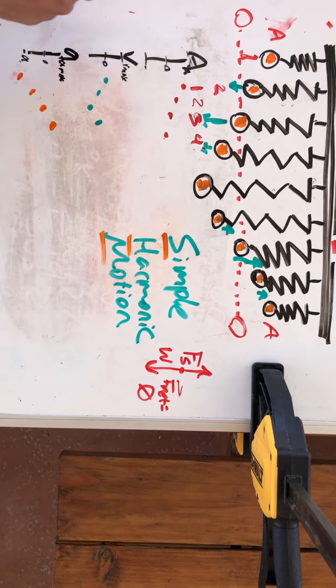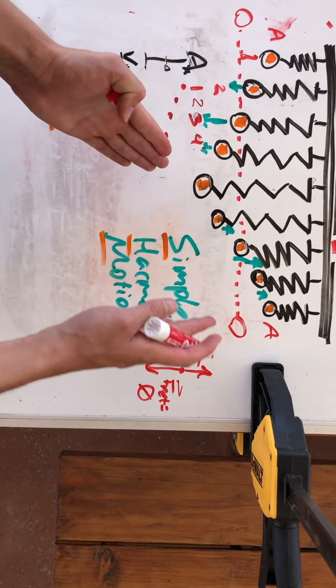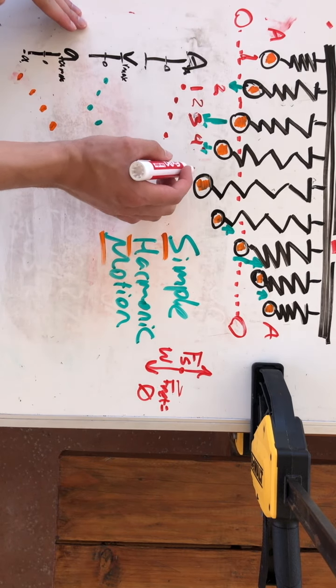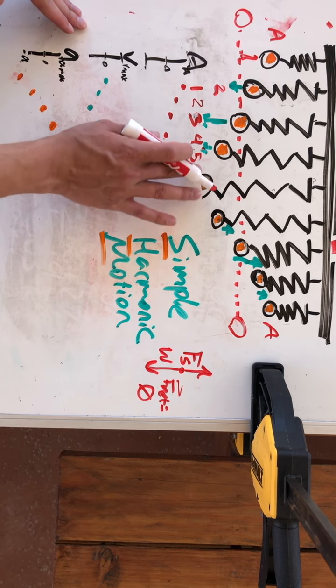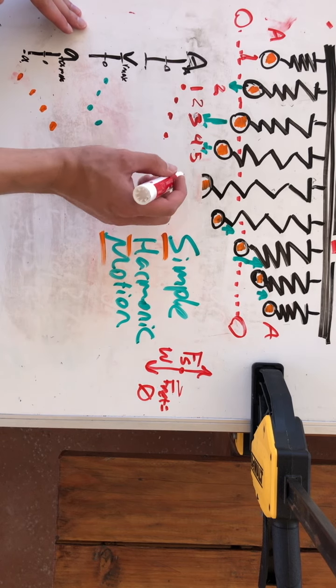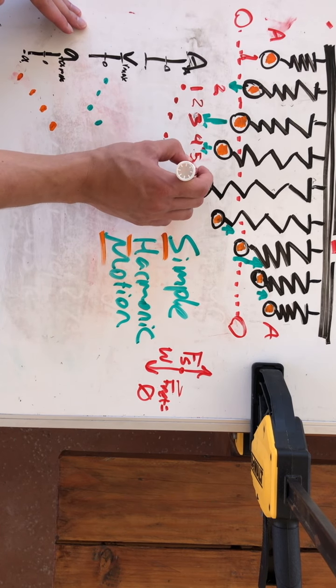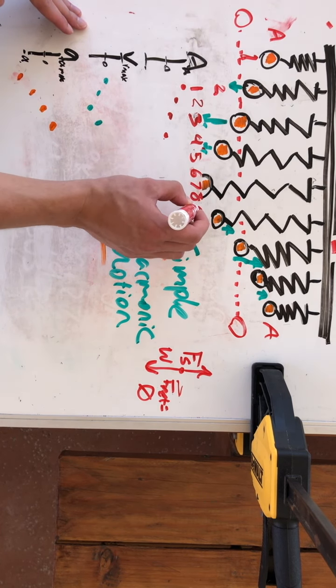All right. So now for point 5 onward, you might be able to fill in the blanks, but we're going to go ahead and do it the slow way anyway. So let's go ahead and mark out our point 5, and then 6, 7, 8, and 9.